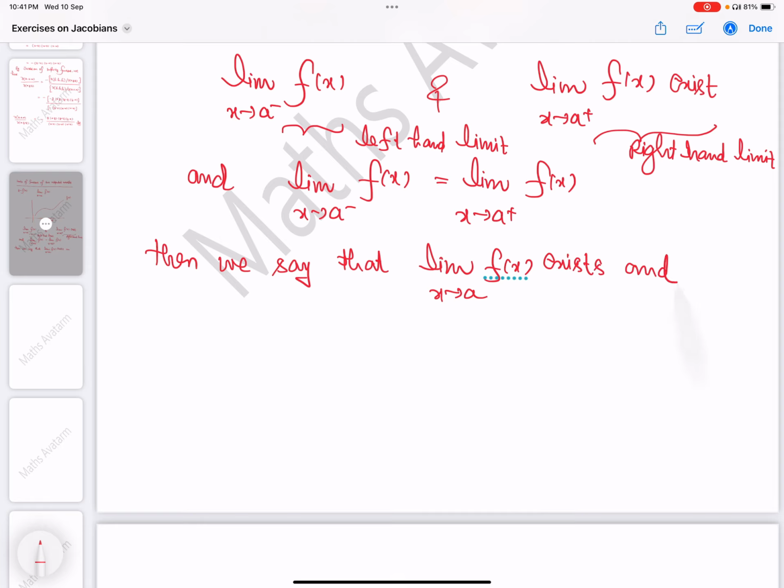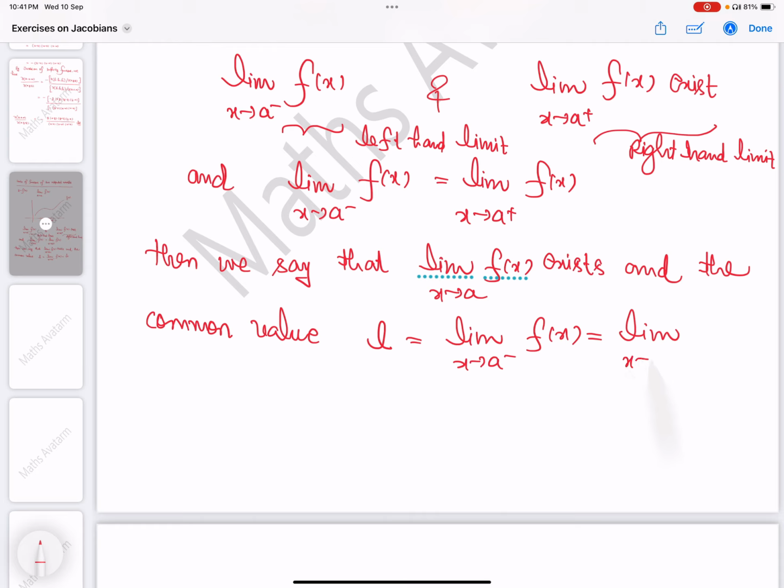and the common value L is called the limit of f(x) as x tends to a.